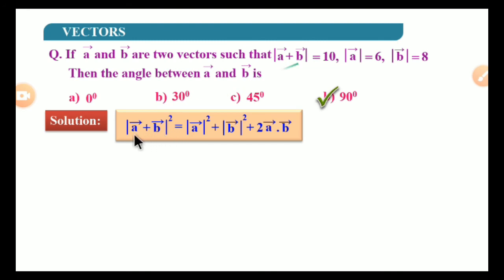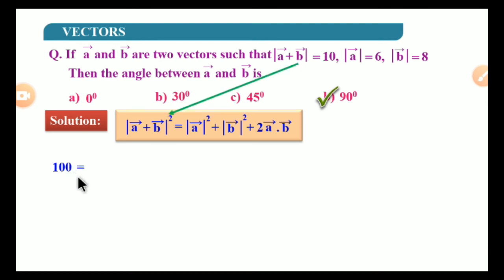So magnitude of A plus B whole square is equal to magnitude of A square plus magnitude of B square plus 2 into A dot B. Now magnitude of A plus B is equal to what here? 10.